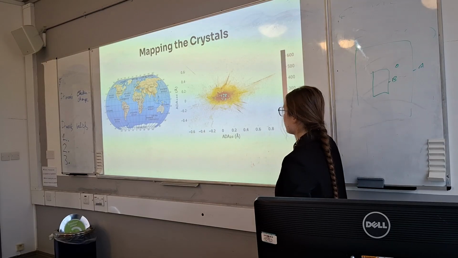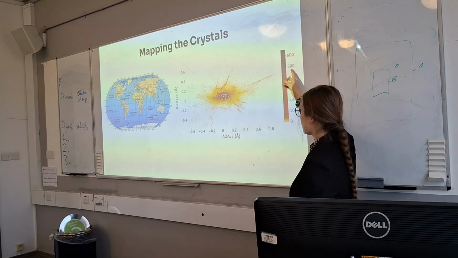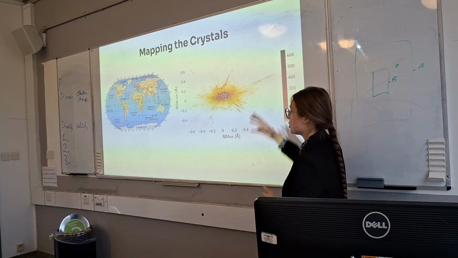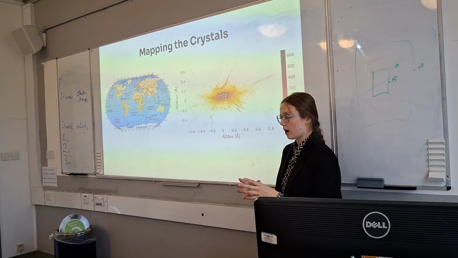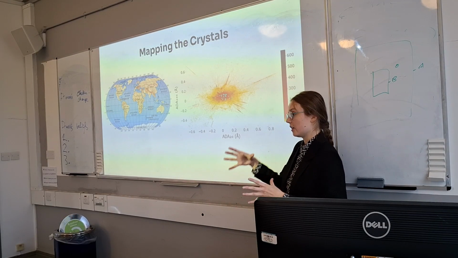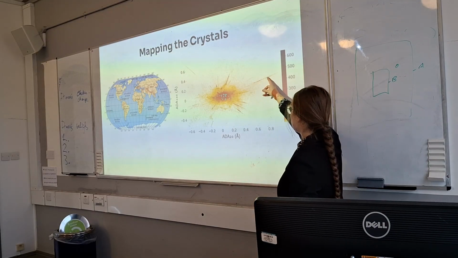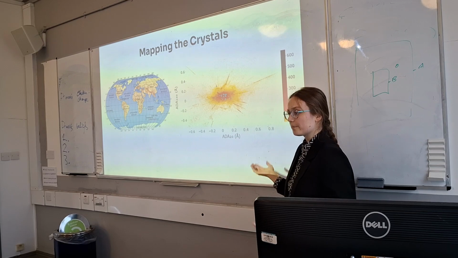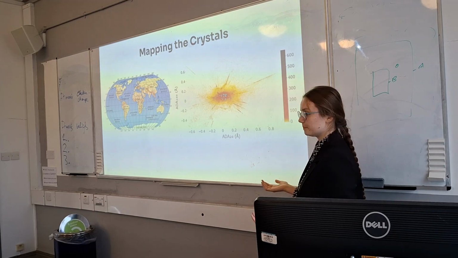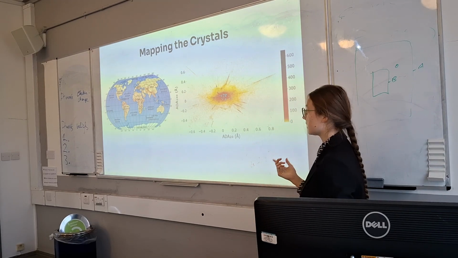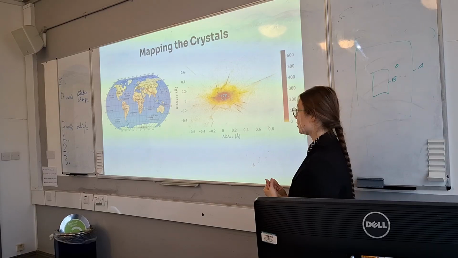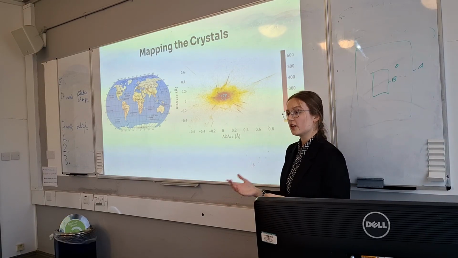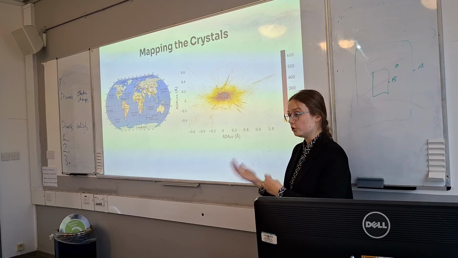I think, if I remember correctly, a line will correspond to a cubic crystal, but that's enlarged. So anything along this line or anything close to that line is going to be cubic. Using maps like these, crystallographers really want to look where the gaps are, look where there are lots of crystals already found, so they know where to look for new crystals.